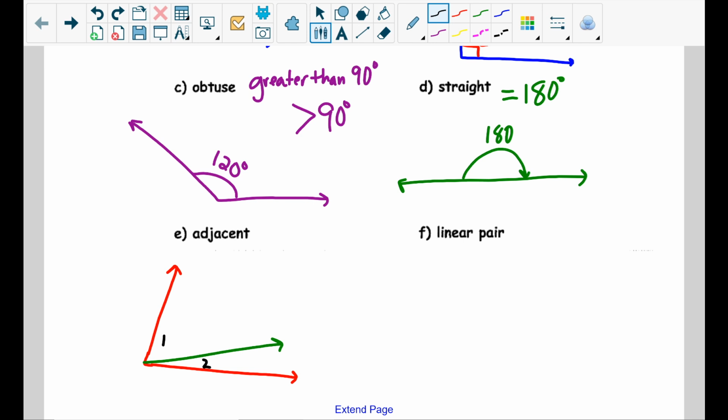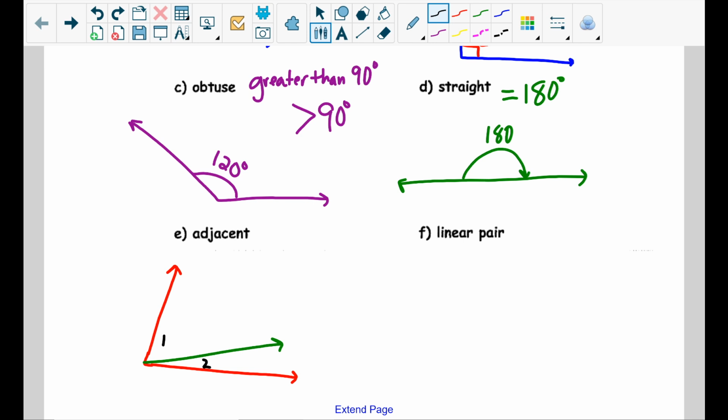Again, if they're numbered like this, you can use that as a naming. Okay, I can say angle 1, angle 2. A lot of times they won't be numbered, but for this example, it makes it easier. So angles 1 and 2 are adjacent. Okay, all that means is they're right next to each other. They're side by side. They share this green line, this green side.